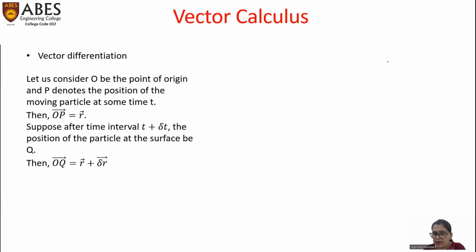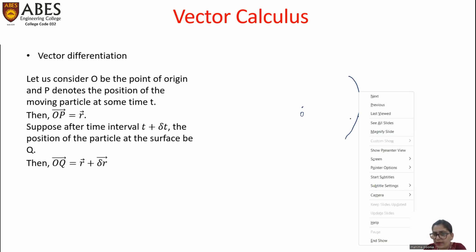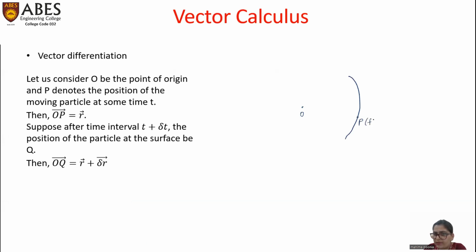Here, we are considering a surface, and let the origin of this surface be at O. Now, our particle is lying at some point P on the surface at some time t. Then the function at this point will be given by f(t), and the position vector OP is given by r.